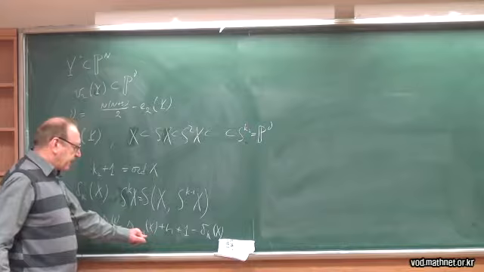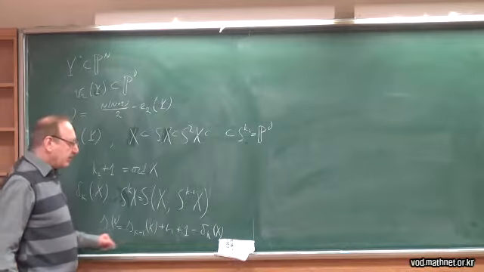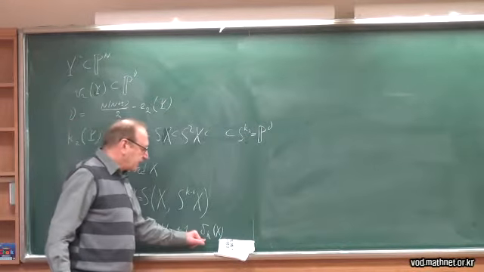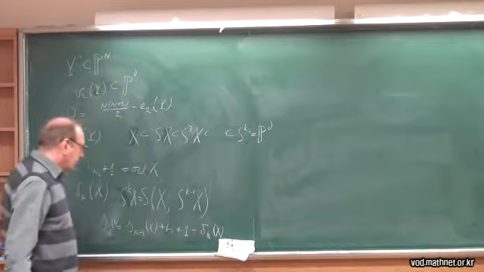So this is the expected or maximal dimension of this secant variety, and this is how this dimension drops.